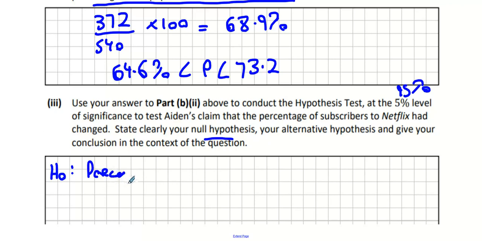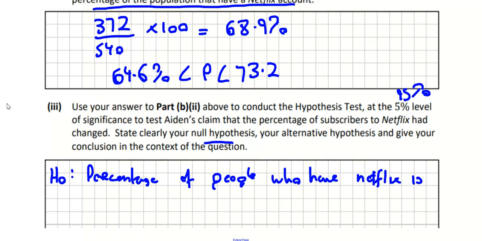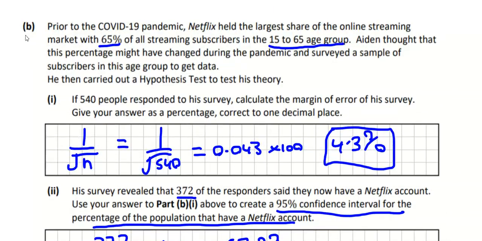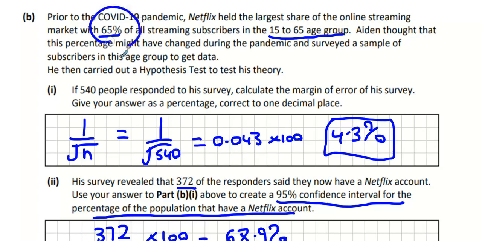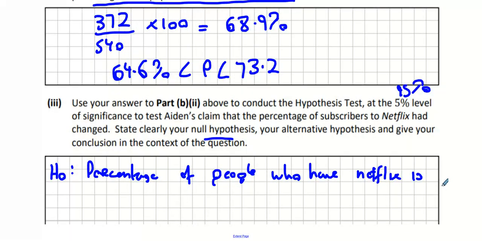Percentage of people who have Netflix is, what percentage are they claiming again? I think they're claiming 65%. So we want to see that it's still the same.